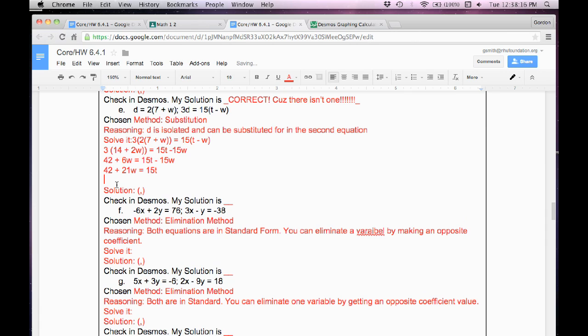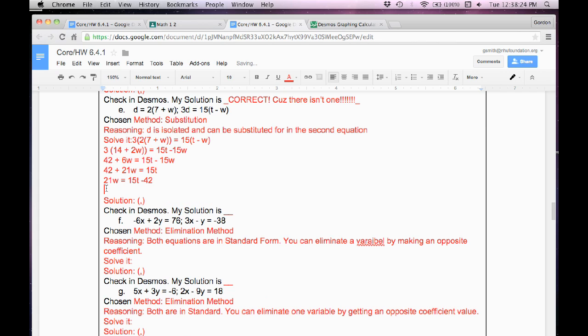So I get 21W is equal to 15T minus 42. And then if I want to get W alone, I'll divide by 21. So W is equal to 15 divided by 21 is 5 over 7T, and then minus 42 divided by 21, which is just 2.